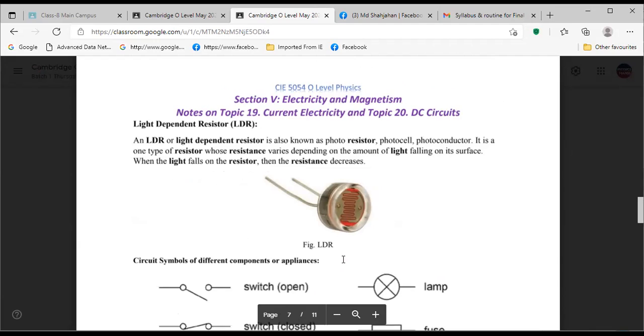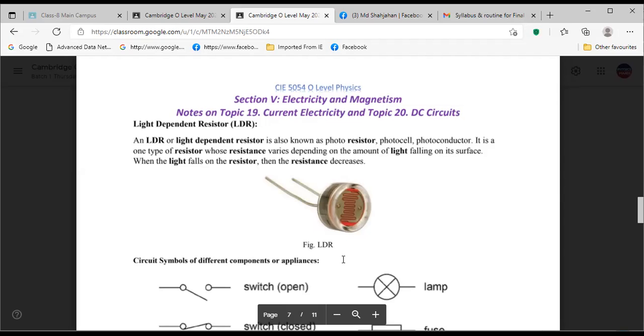An LDR or light dependent resistor is also known as photoresistor, photocell, or photoconductor. It is one type of resistor whose resistance varies depending on the amount of light falling on its surface. When the light falls on the resistor, then the resistance decreases.